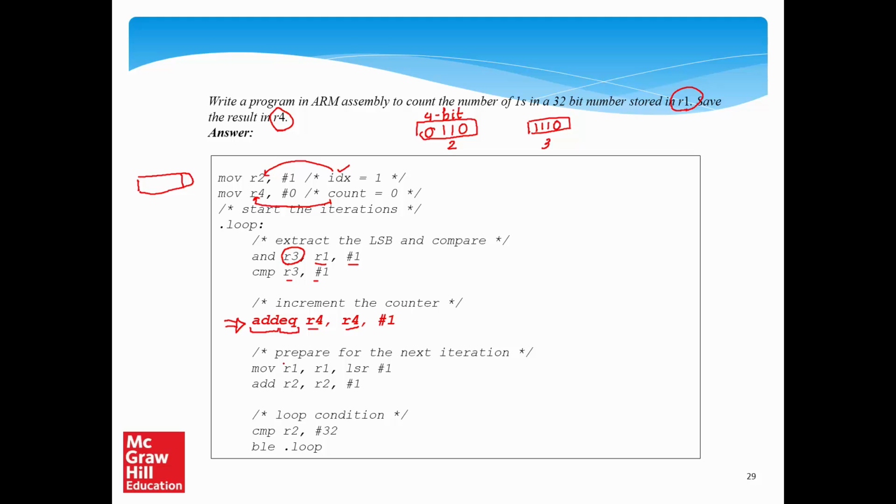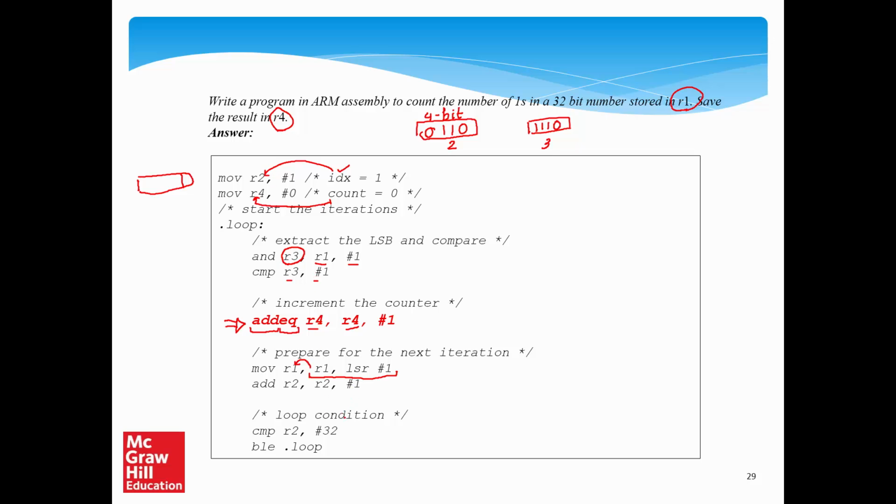Now let's prepare for the next iteration. We take the number R1 and do a logical shift right. Mind you, not an arithmetic shift right, because we don't want to replicate the sign bit. So we shift it right by 1 position and save it back in R1, and simultaneously we increment the index. So R2 we increment with 1.